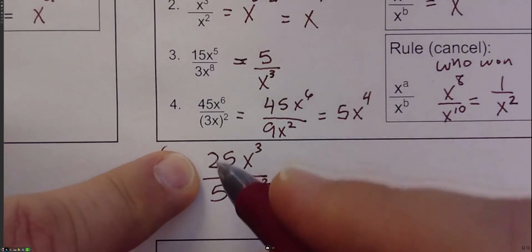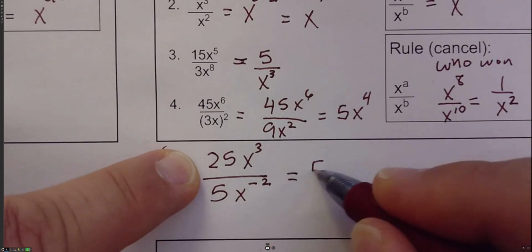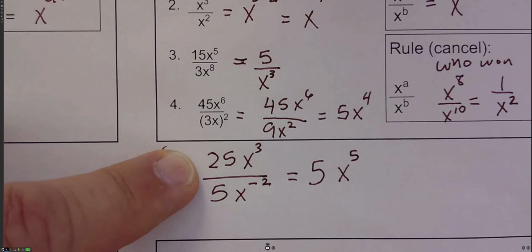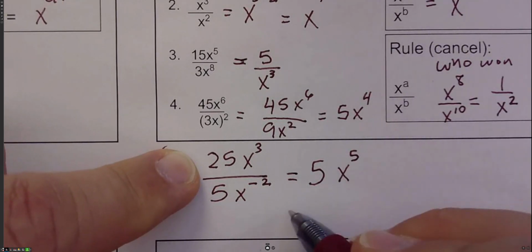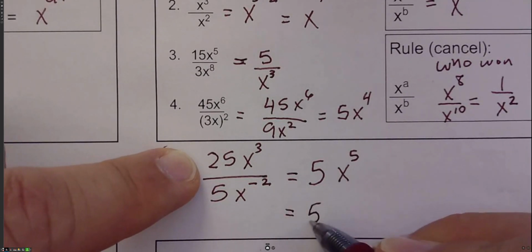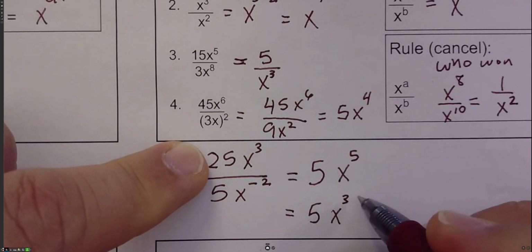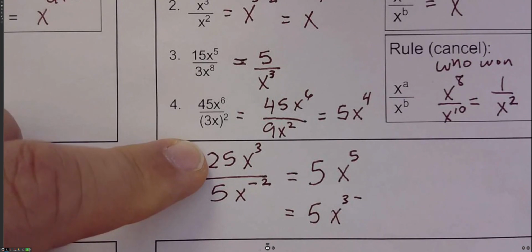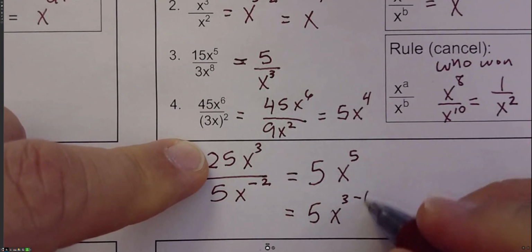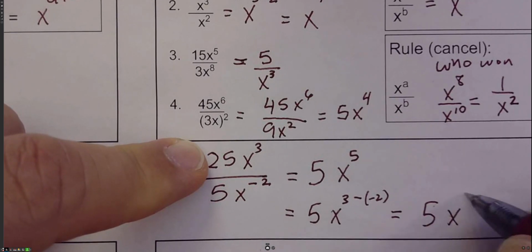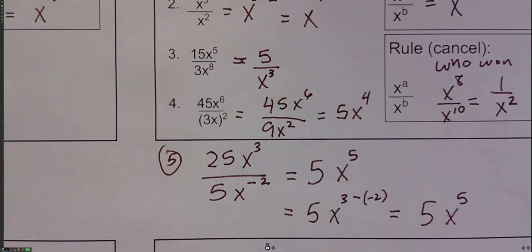This is going to end up being 25 divided by 5, which is 5, and the top wins by 5. Another way is, we know that it's 5 because the numbers just divide, and it's really x to the 3rd minus what? Minus negative 2. Minus a negative is a positive. So either way you want to look at that.